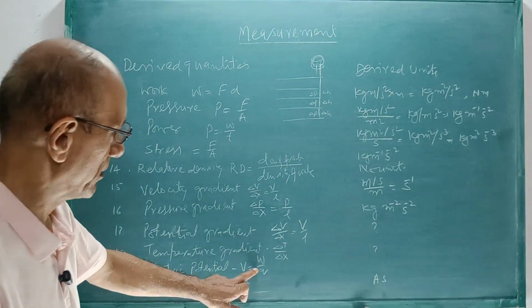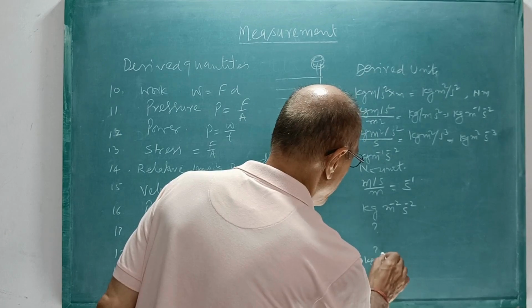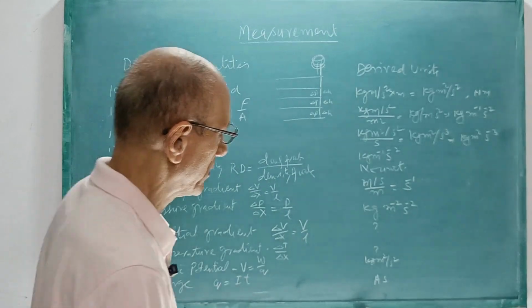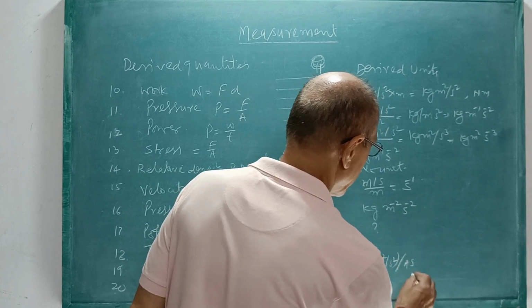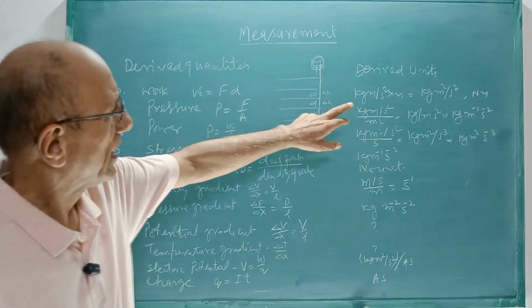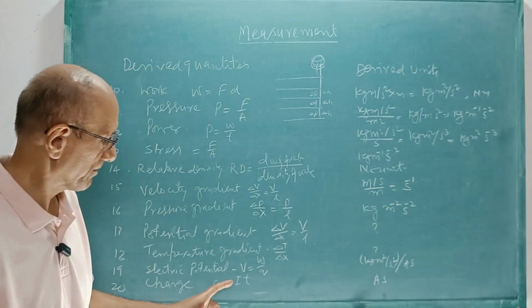And this is work. Work is kg meter square per second square. This work is kg meter square per second square divided by charge.